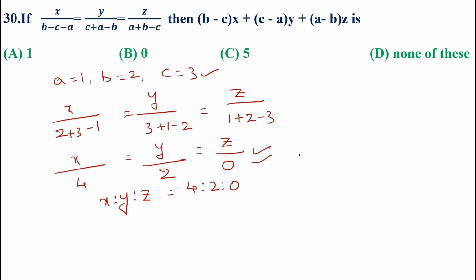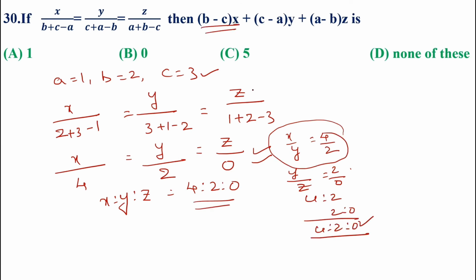Or else you can calculate in this way also. X by y is equal to 4 by 2, and y by z is equal to 2 by 0. Then 4 is to 2, 2 is to 0, 4 is to 2 is to 0. Keep in this b minus c.